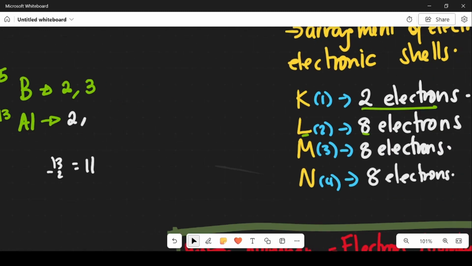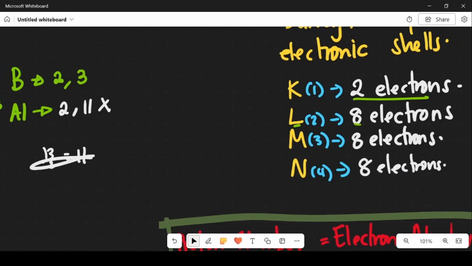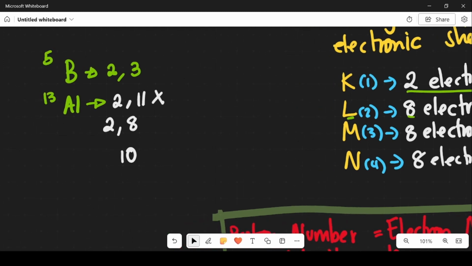So, I cannot put 11 right here. No. Because the L shell can only contain 8 electrons. So I need to do 2, then I put my 8 electrons, right? So that means I've configured 10 electrons out of the 13.